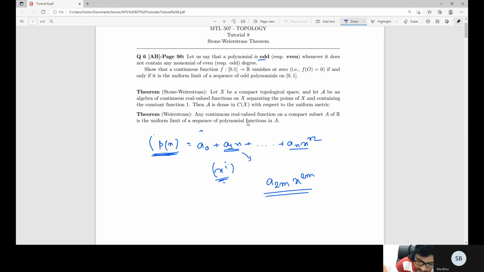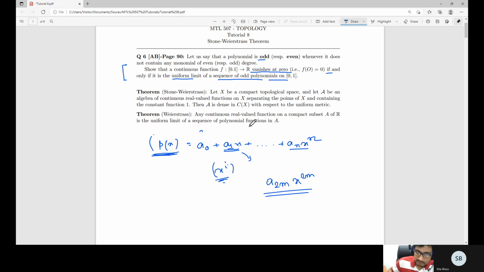Now the question asked, show that a continuous function f which vanishes at 0 if and only if it is the uniform limit of a sequence of odd polynomials.